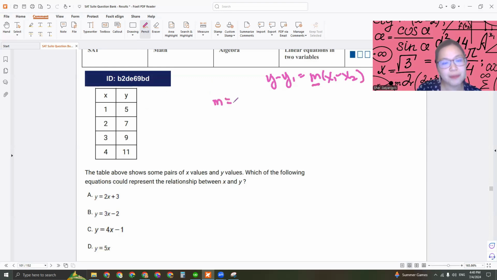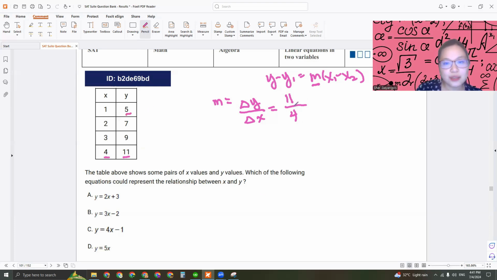Always remember, slope is the change in y over the change in x. So y goes on top. If you place the y coordinate of this point first, then the corresponding x coordinate has to go first as well. Always remember that to avoid making a mistake with the slope's sign, okay?